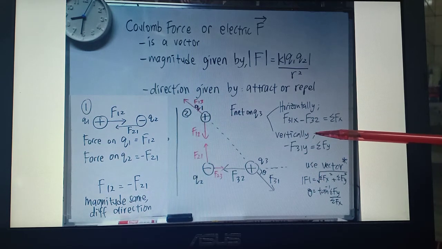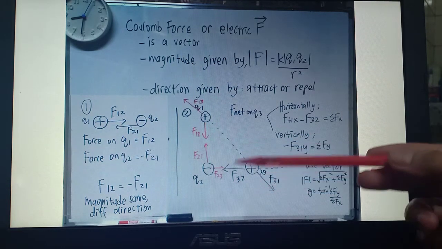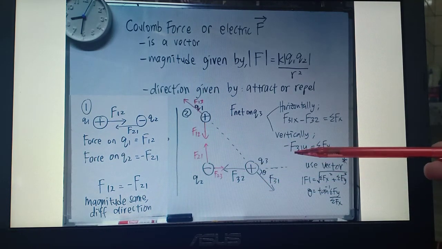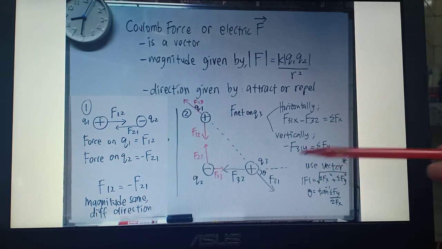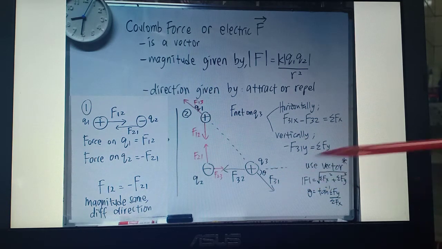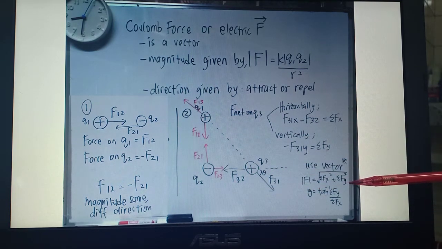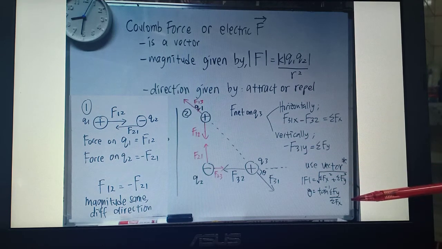For the vertical direction, the summation of Fy equals negative F31y, because there are no other vertical forces, only F31y, which is directed downward. To find the magnitude of the resultant vector, take the square root of the summation of Fx squared plus the summation of Fy squared, and then find the direction in terms of angle.